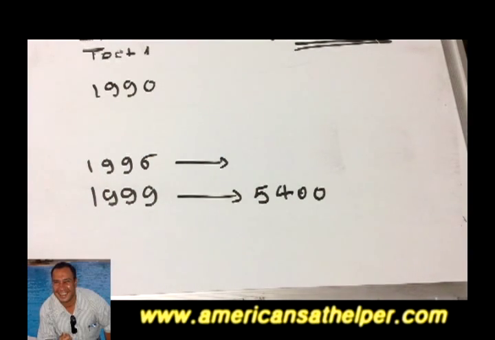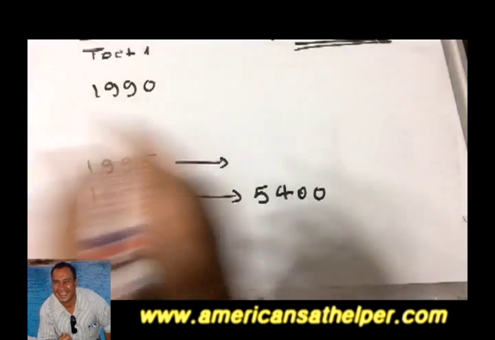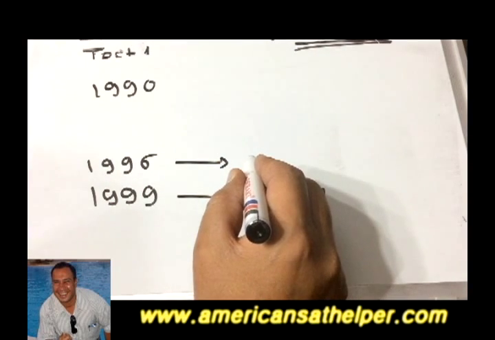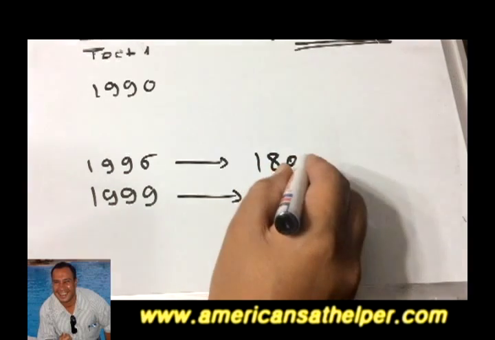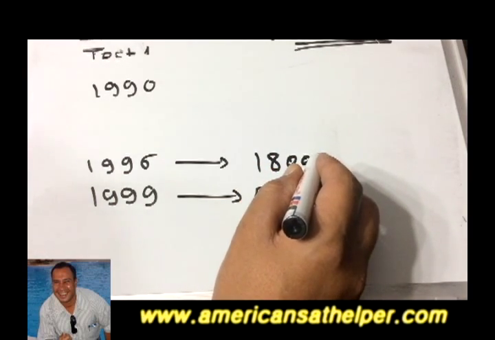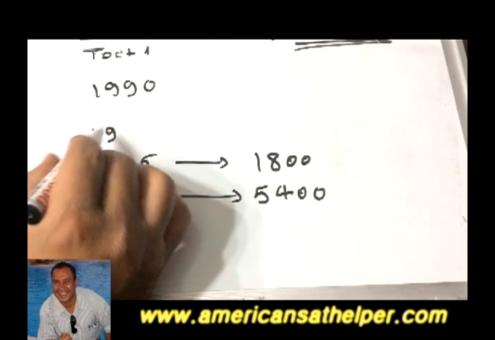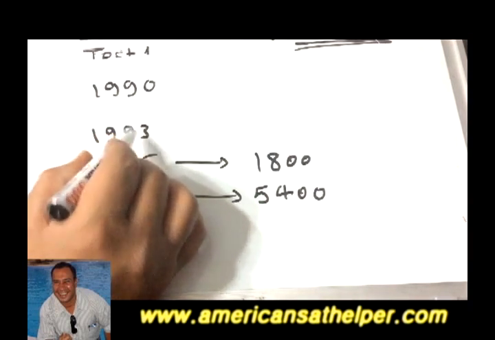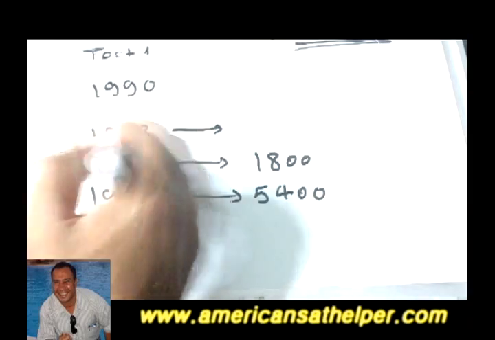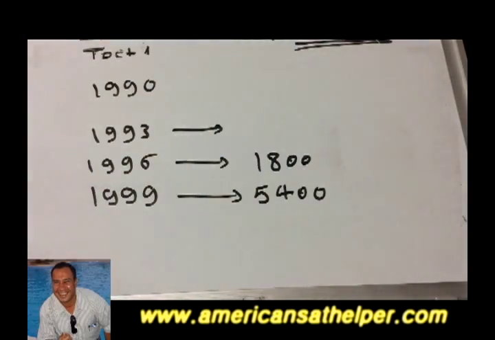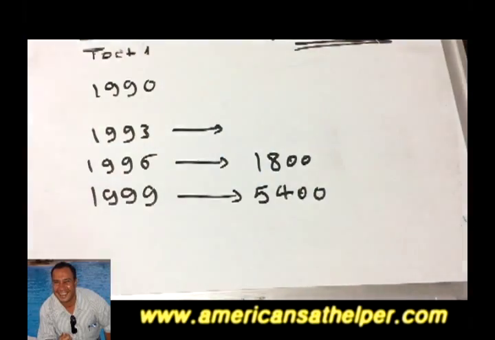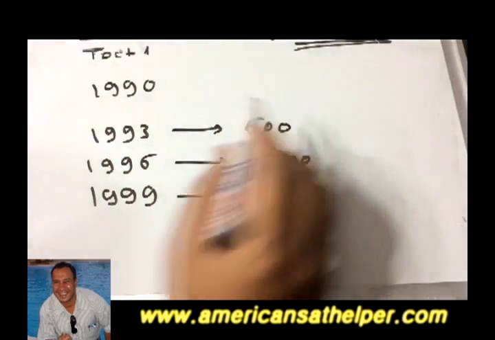This means 5,400 divided by 3 equals the number of squirrels in 1996, which was 1,800. And if we want to find the number of squirrels in 1993, 3 years back, we divide this number by 3, which equals 600.